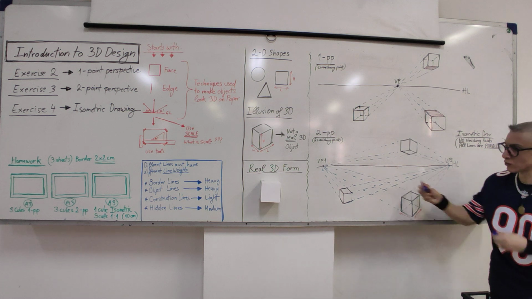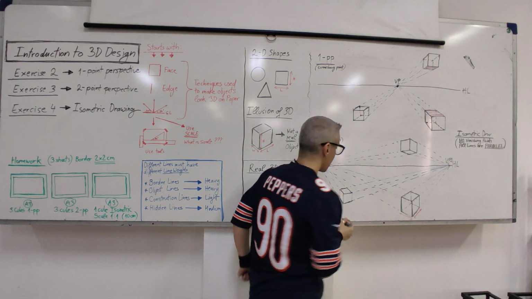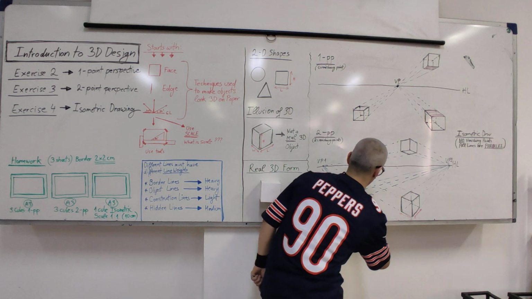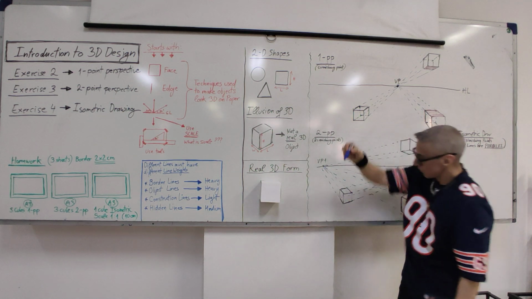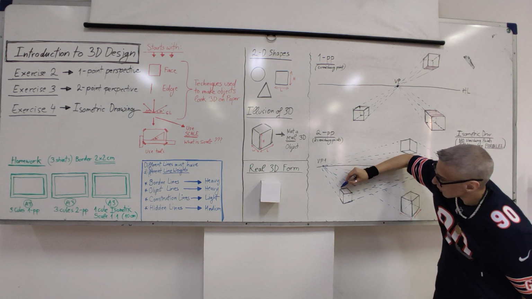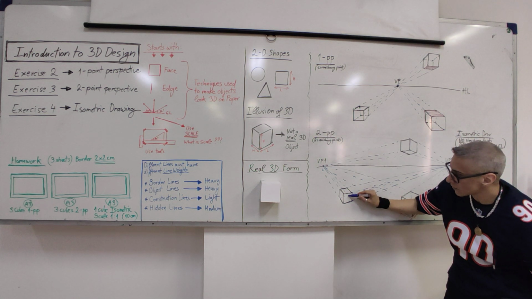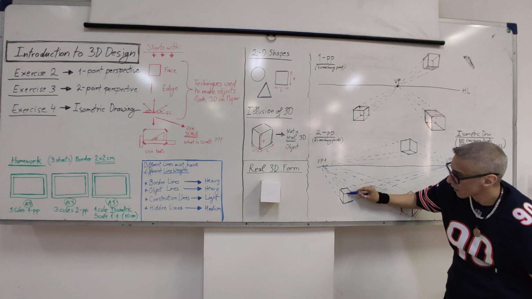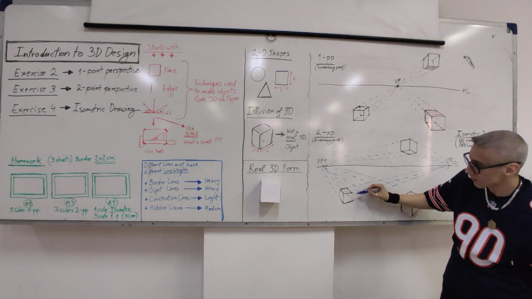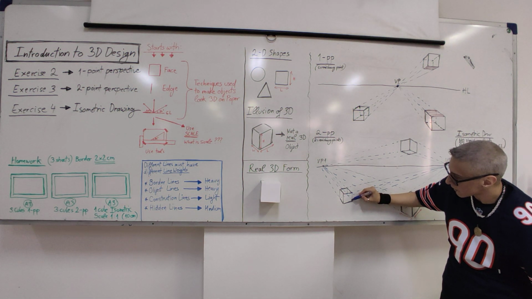Okay, what about this one? We have this corner that we need to connect over there, and this corner to this vanishing point. And then where they intersect with this point, it has to be a straight line down, parallel to these lines, and it needs to intersect.